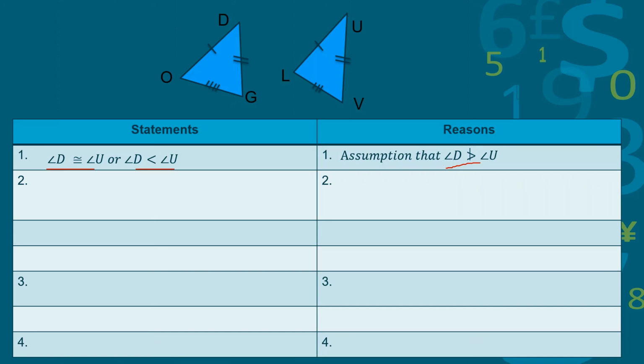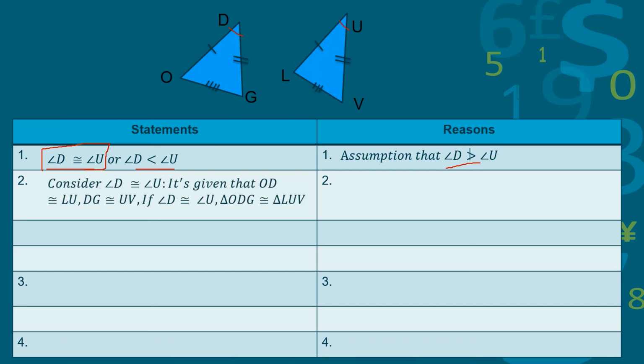Okay, so gamitin natin sa statement number 2, consider muna natin itong isang assumption natin. If angle D is congruent to angle U, kapag naging congruent yung angle D at angle U, ano ang mangyayari sa triangle ODG? Okay, correct.